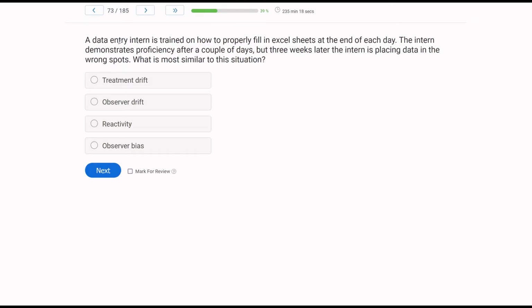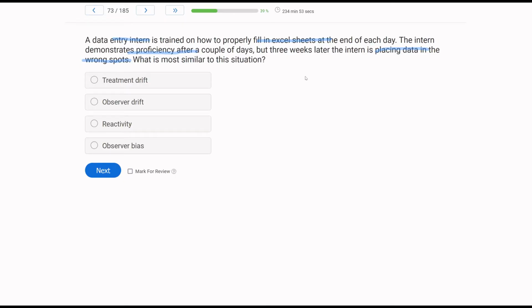We're talking about an intern who's taught how to fill in Excel sheets. They demonstrate proficiency so they can do it, but then 3 weeks later, they're now doing it wrong. What does that resemble? When we train on something, it's done correctly, but over time, errors start to pop up and things start to change. A, treatment drift.